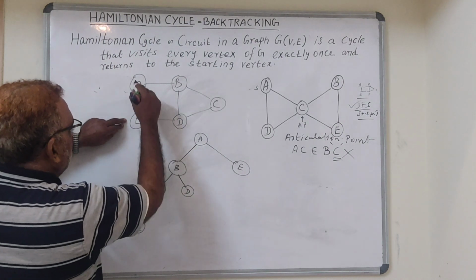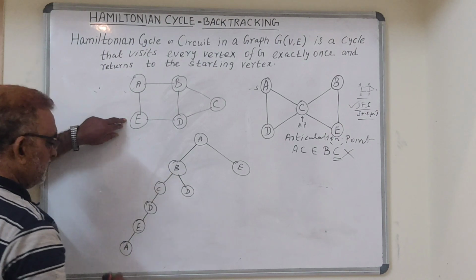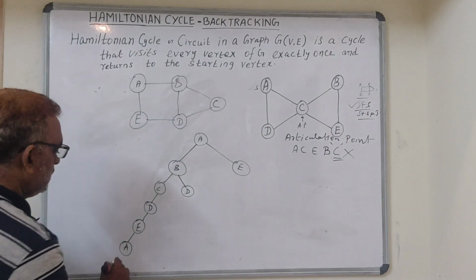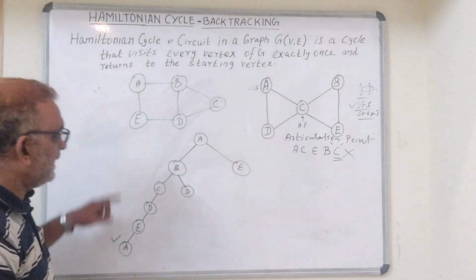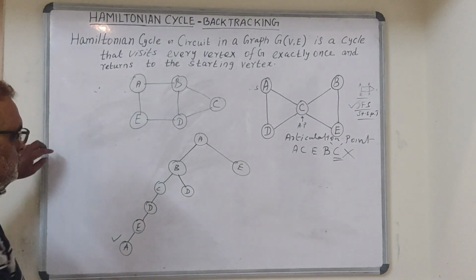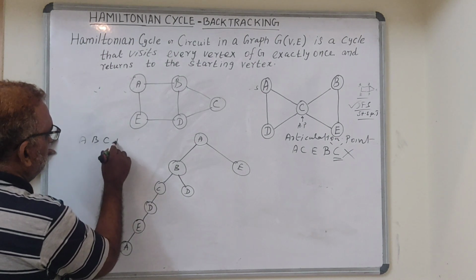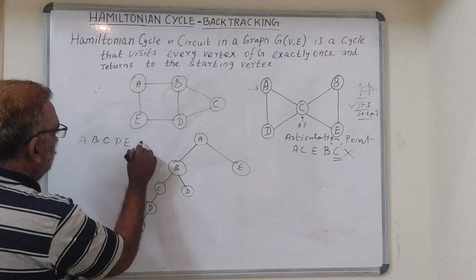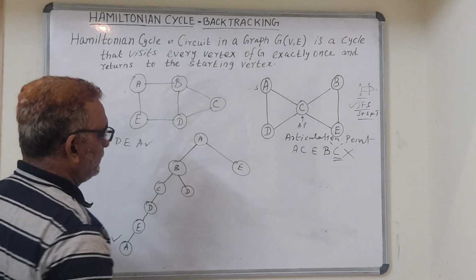One is D and another is A, which is our starting vertex. So this shows a Hamiltonian cycle is present in this graph. The sequence is A, B, C, D, E and again A. This is a Hamiltonian cycle.